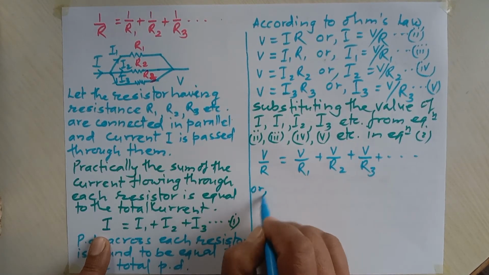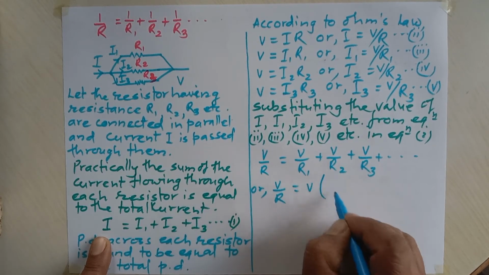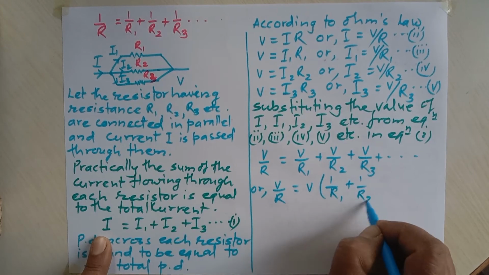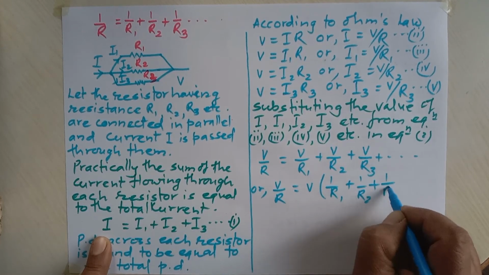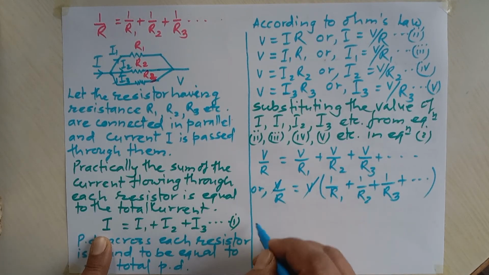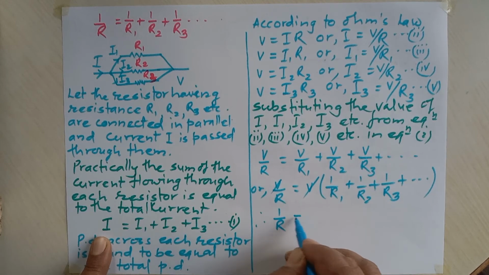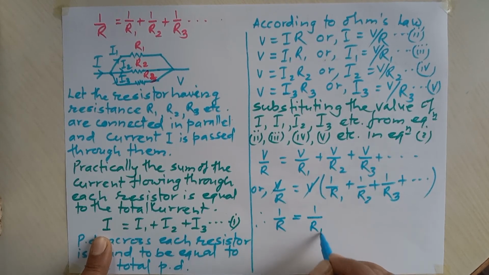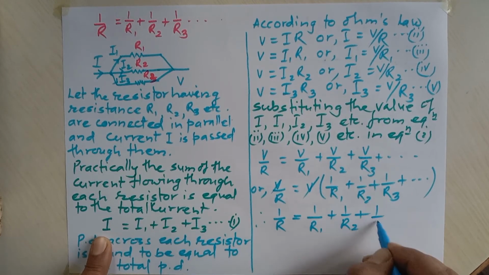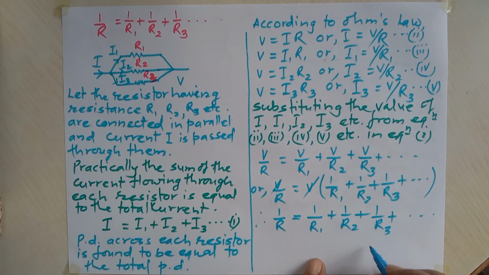Next step, V by R is equal to, if V is taken as common, then we get 1 by R1 plus 1 by R2 plus 1 by R3 and so on. And V cancels. Therefore, 1 by R, the reciprocal of the total resistance, is equal to 1 by R1 plus 1 by R2 plus 1 by R3 plus so on. That's why we proved the equation.